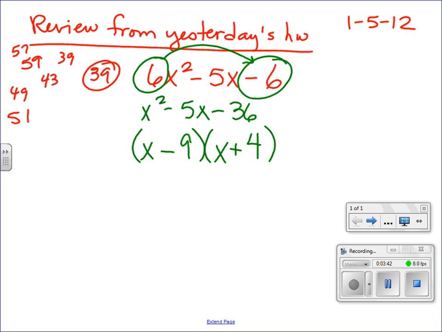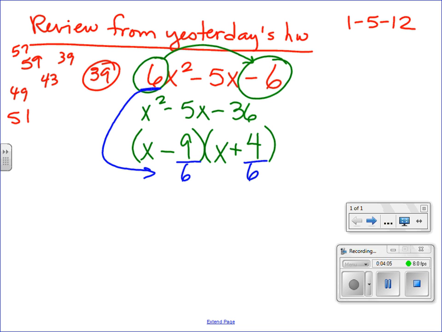Negative 9. Am I done? No. Because I can't forget about the 6 up here. I'm going to take that number and throw it under both of those. And now we're going to reduce or simplify, whichever we have to do.